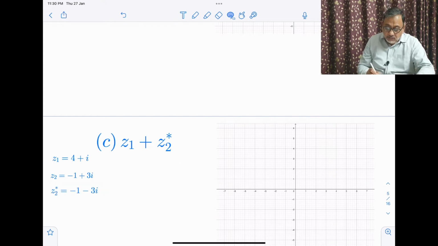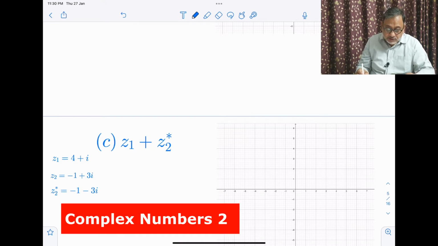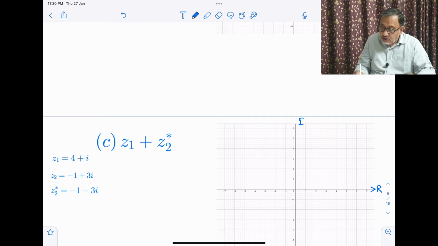Okay, now to represent them, let me draw first z1 on the complex plane. So this is the real axis, this is the imaginary axis. Now z1 is 4 plus i, so 4 and 1, it will go there. We have already used it, so I hope you understood. This is our z1. And z2 conjugate is negative 1 minus 3i.